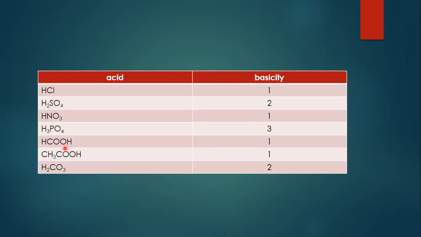Now over here, look at this one. HCOOH, also a weak acid. It will find it difficult to release the hydrogen ion, so it will release just 1. So the basicity of this compound here is 1. The same thing applies to ethanoic acid, CH3COOH.